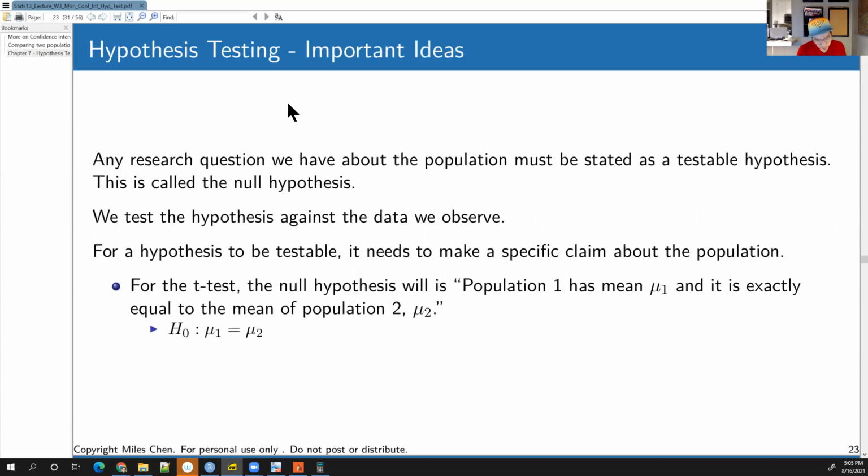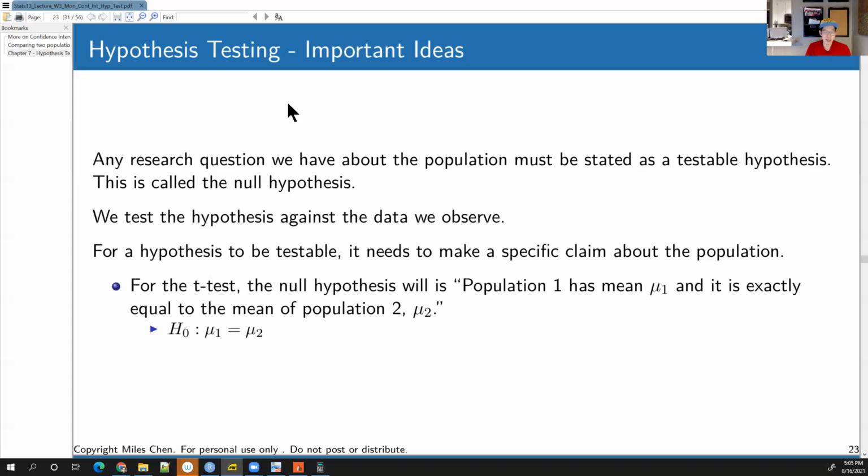Okay, so the key idea and the reason why we call these hypothesis tests is that whatever research question we have, right? Like, is the medicine effective? Is there popular support for this candidate? Whatever question it is you're trying to answer, we have to state it as a testable hypothesis.